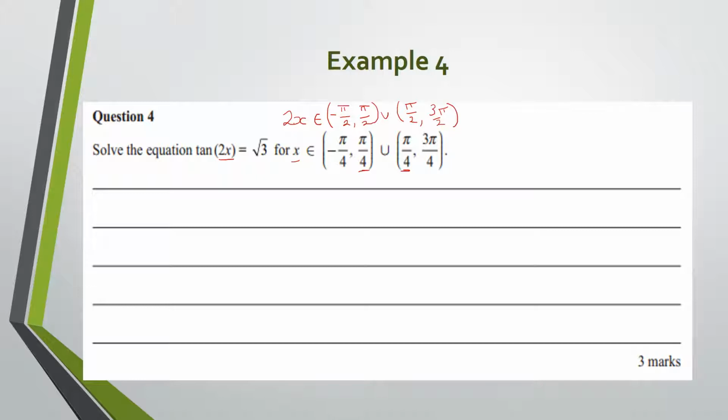So let's think about what that actually looks like if we've got our unit circle. Okay, here's our basic little unit circle that we've used many times before. And if we are actually considering what this means, well, we've gone from negative pi on 2 to pi on 2. This is negative pi on 2.